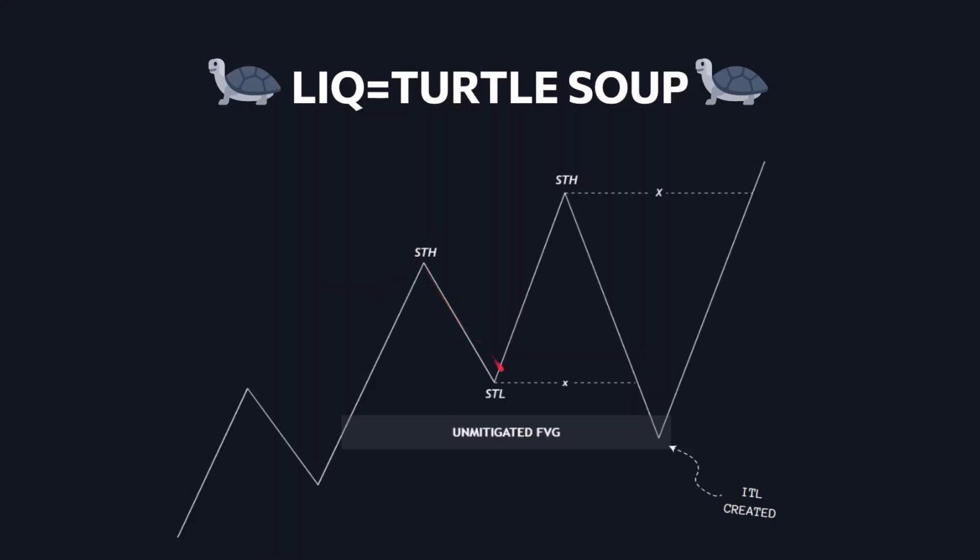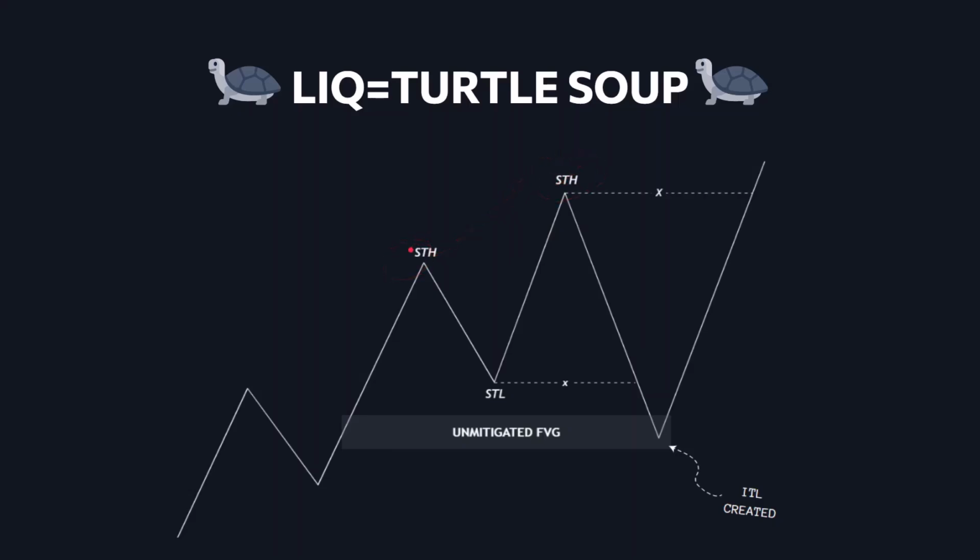Price just comes down, creating a short-term low because the fair value gap is right here. It's not here, it's just below. So price does not mitigate the fair value gap. Even if it does mitigate the mitigation block, I still want to see the fair value gap. Price breaks this short-term high, creating another one. That means we have more liquidity.